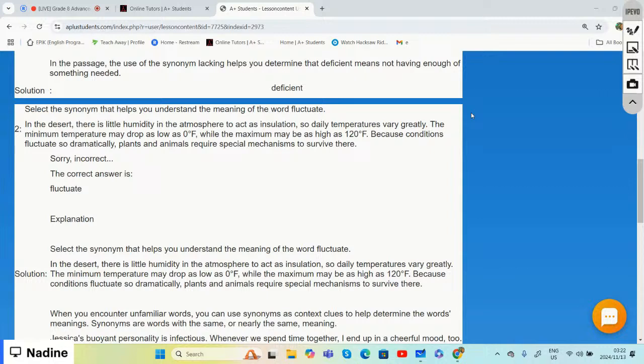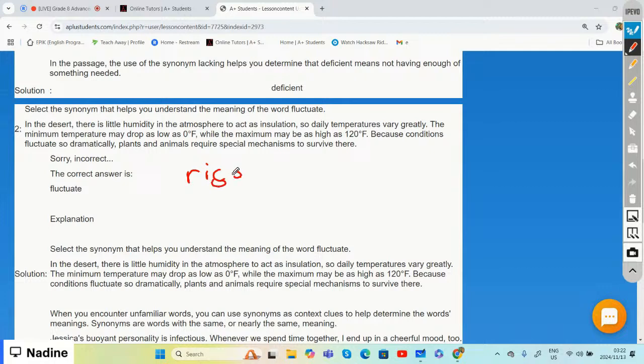And if we were to look at that word fluctuate, because it says conditions fluctuate so dramatically, then we can say fluctuate means that they rise dramatically. Sometimes we can say they rise dramatically and irregularly. That is basically what fluctuate means.